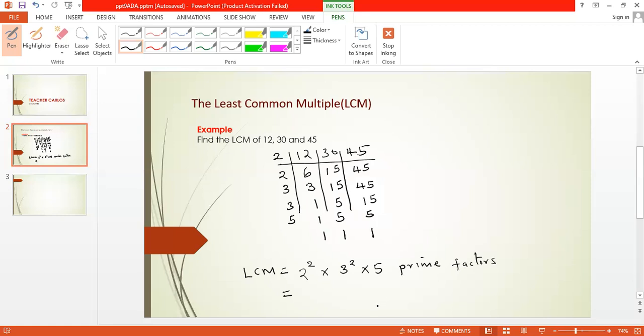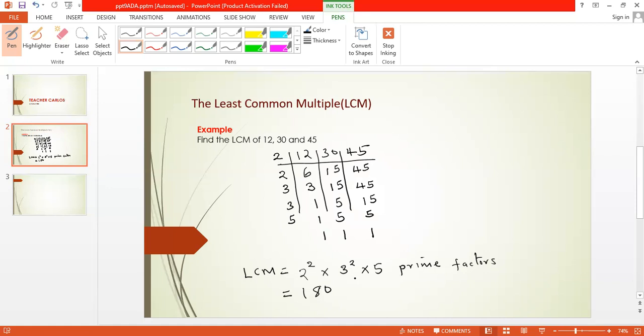When we multiply 2 squared times 3 squared times 5, we get 180. So the LCM is 180.